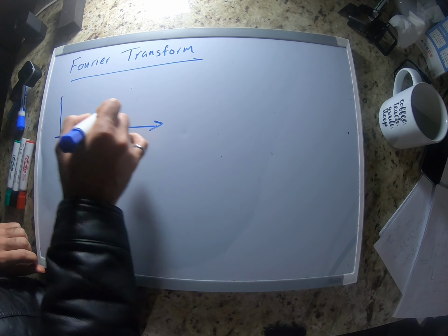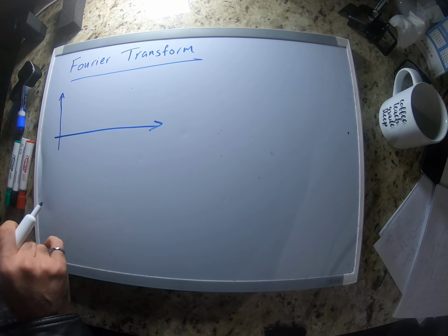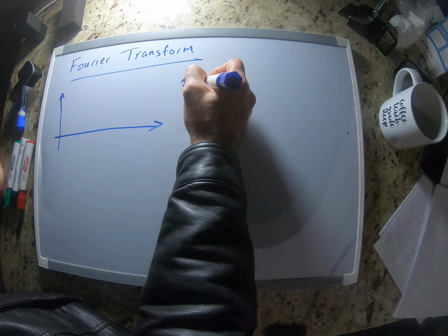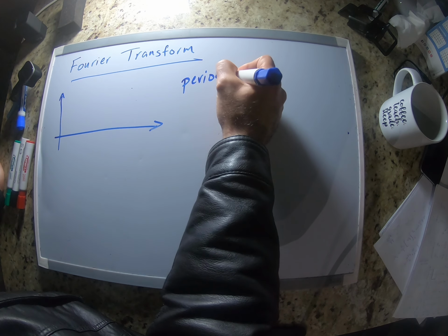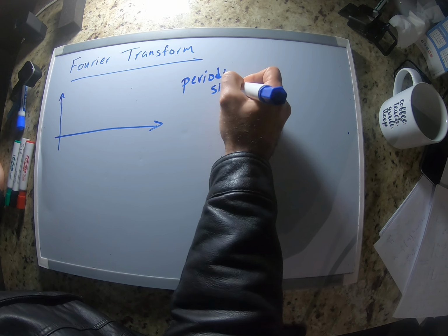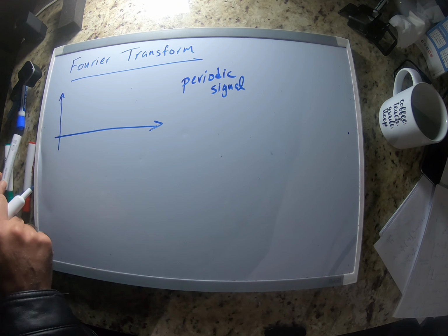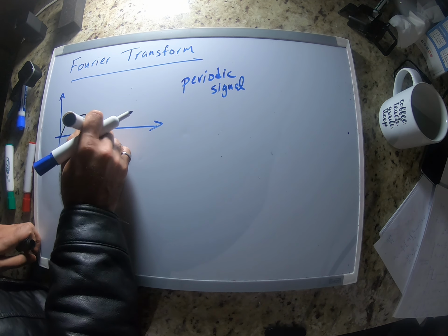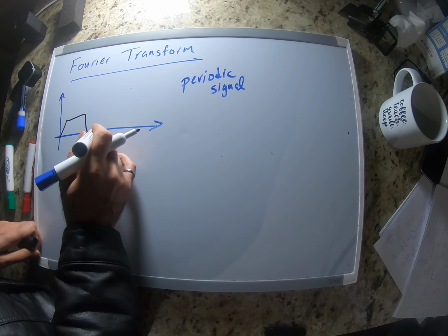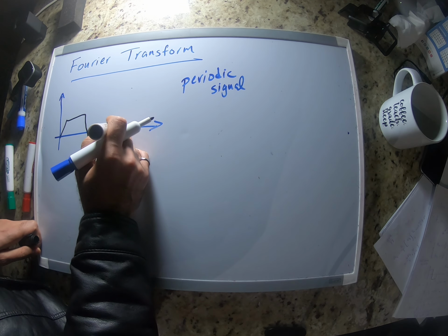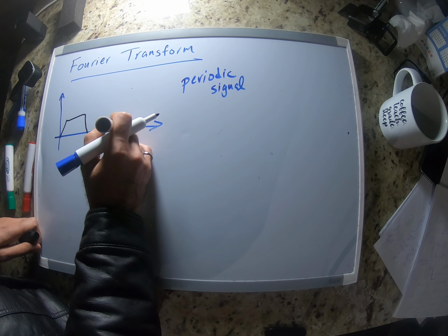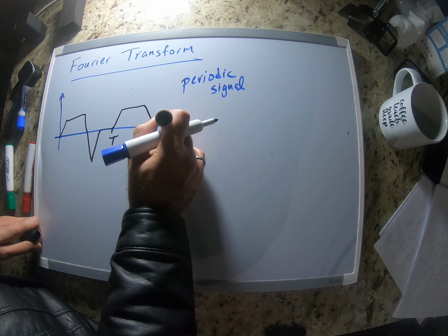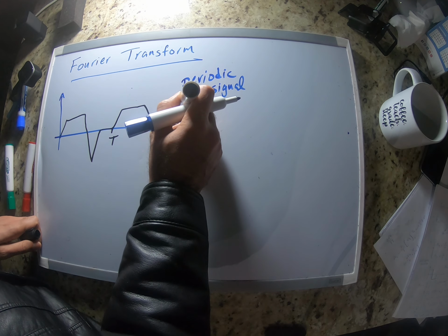Fourier Transform tells us that if we have any kind of periodic signal, for example something like this, let's say this is T, that would repeat itself and continue.